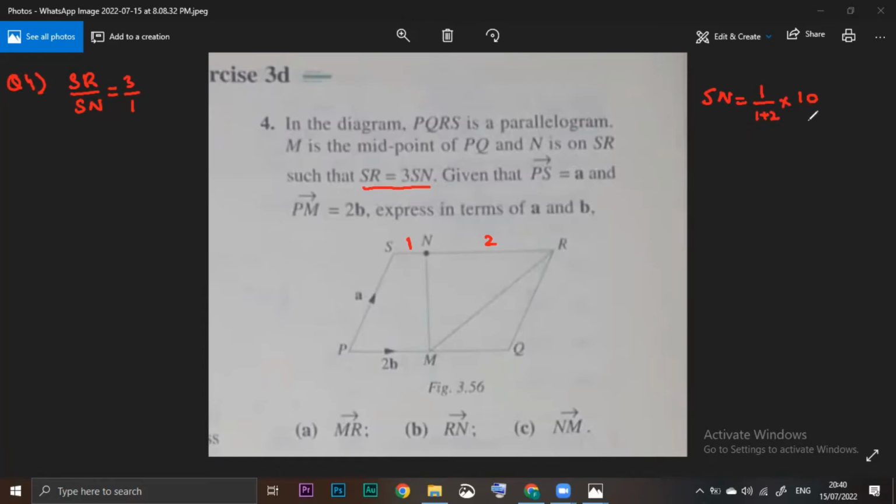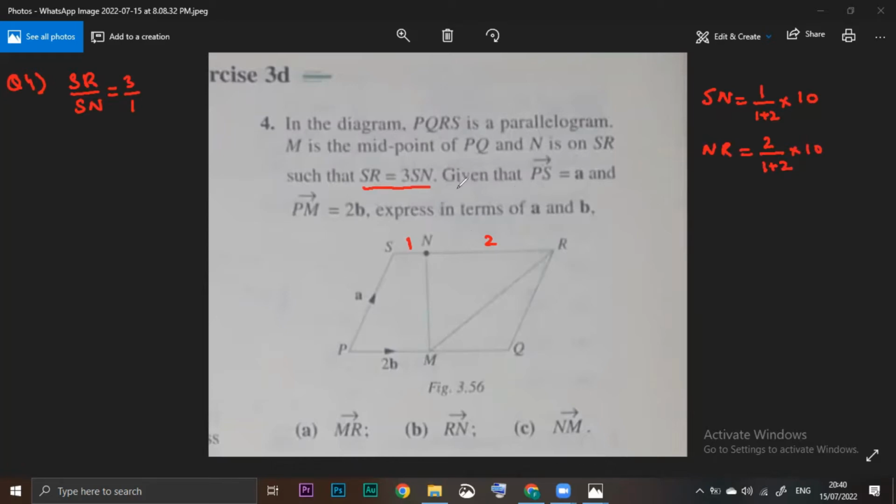Ratio over sum of ratios into total. If you want to find out NR, then again ratio over sum of ratios into total. In this way, we can find out SN and NR.